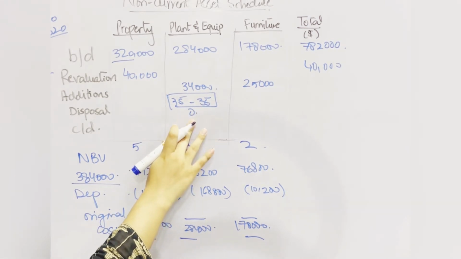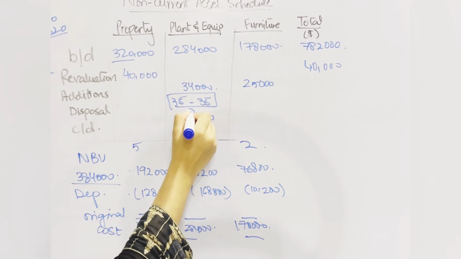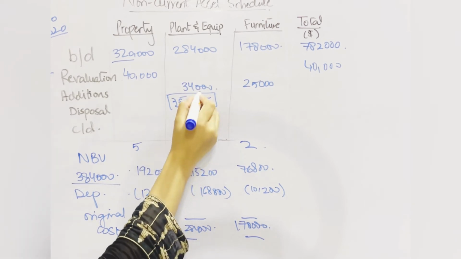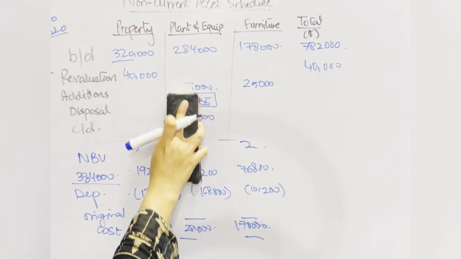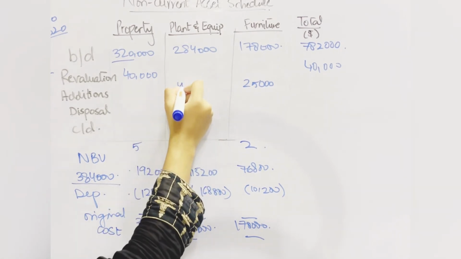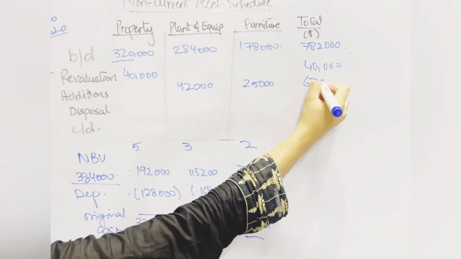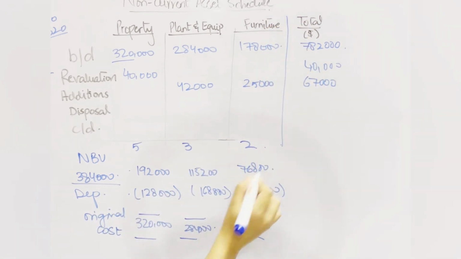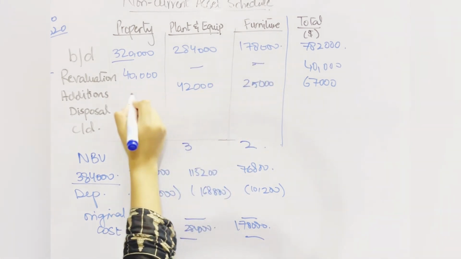Still the item had been scrapped, the life had been done for all of the years, but you still received 8,000 for that. So the total value will be 34,000 plus 8,000, and that will be the total cost of the addition or the purchase that you've made for plant and equipment. Hence the value will be 42,000, and the total will be 67,000 in the last column, because that's the total column. And you are supposed to fill it side by side so that you are not mistaken.